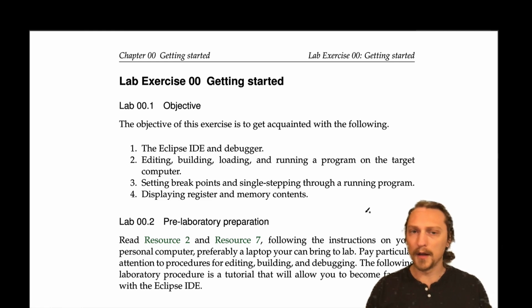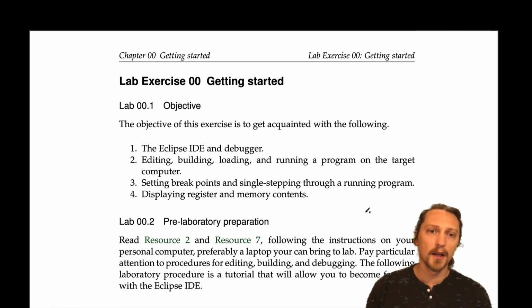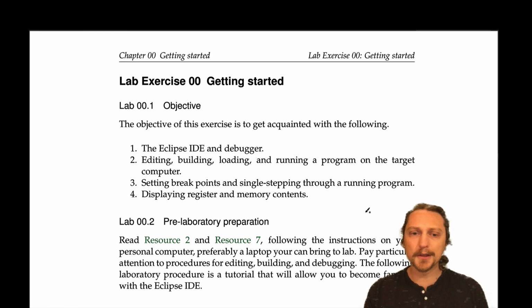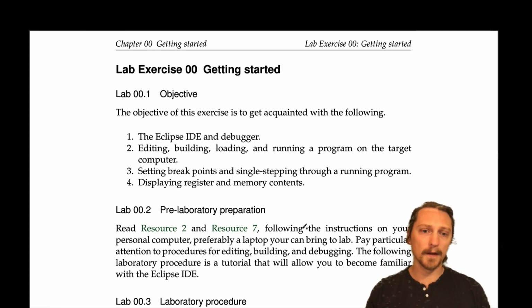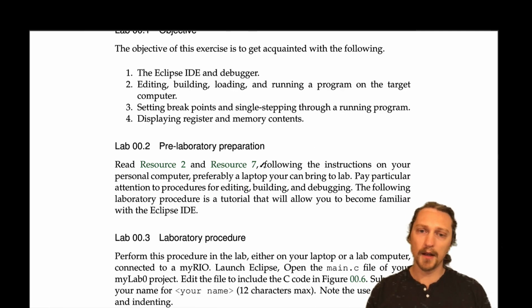Okay, so I'm going to talk just a little bit about Lab Exercise Zero, but there's not a lot to it. If you've read Resource 2 and Resource 7 and got your development environment set up, it's really just going through and doing a little Hello World program, a little intro program, and then using the debugger, seeing how it works, etc. So that's pretty much what we're doing in this lab exercise.